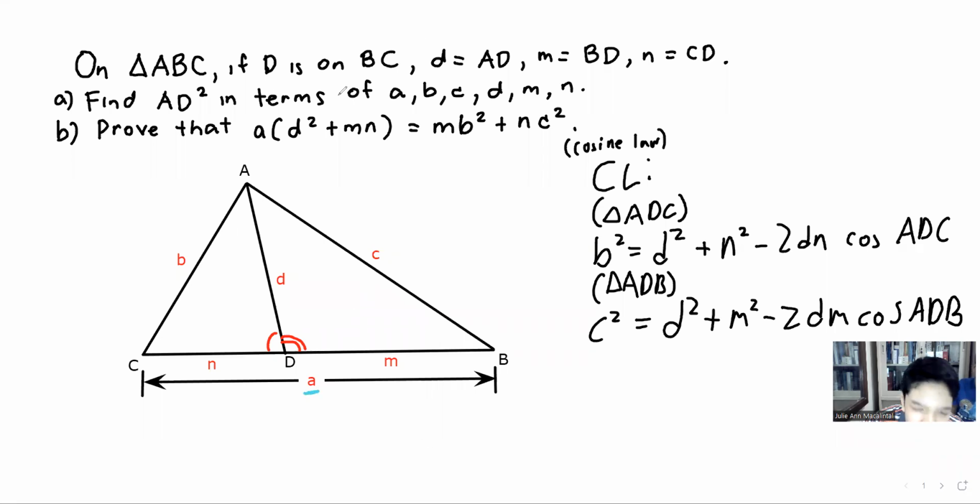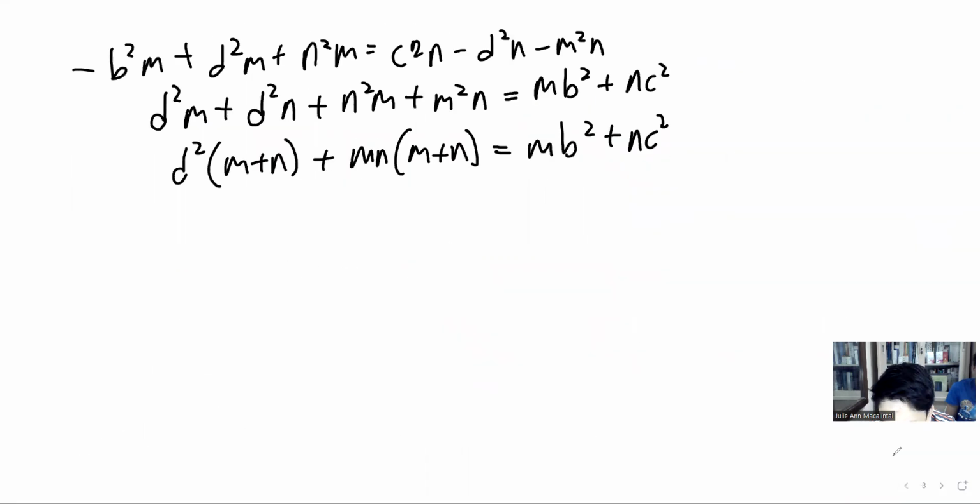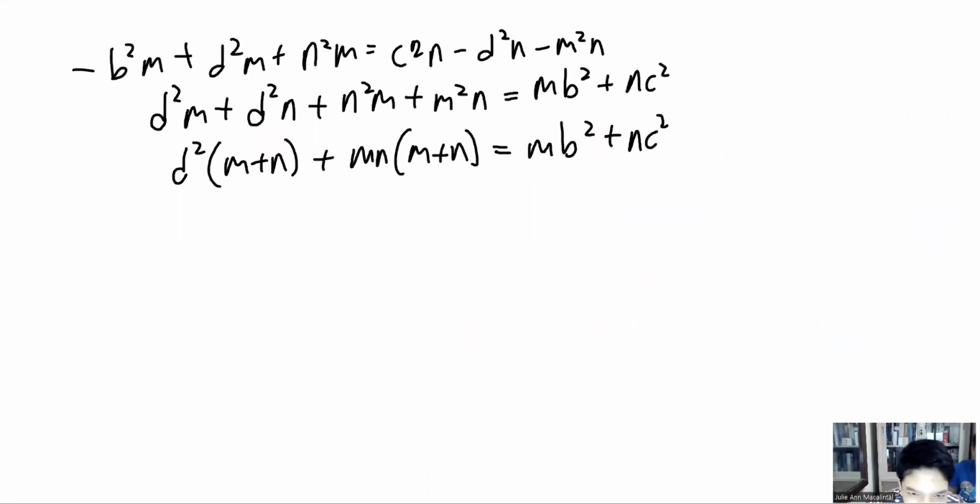So returning to our solution, we can simply write this as d squared plus mn times a.